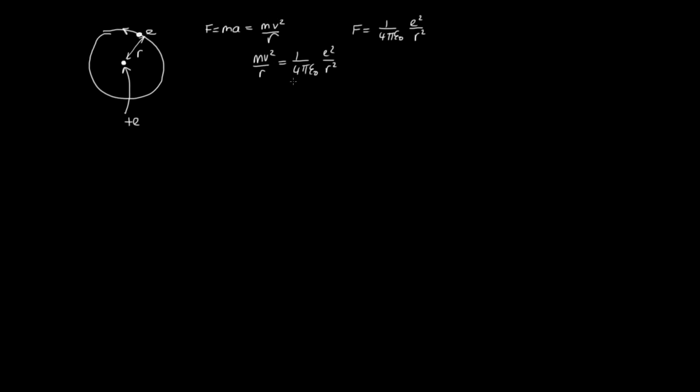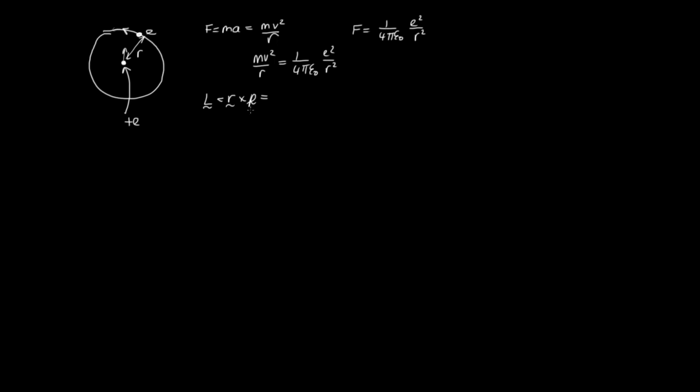Now, the second postulate tells us about the angular momentum. So we know the angular momentum is equal to r cross p. And in this case, it's traveling in a circular orbit. So the r is in a direction this way, directly towards the particle, and p, that's the direction of the momentum, is always at a tangent to the circle. So the radius and the tangent to the circle are always at right angles.